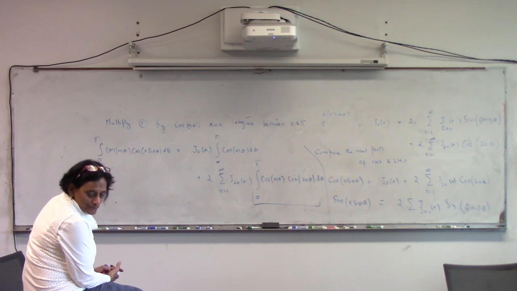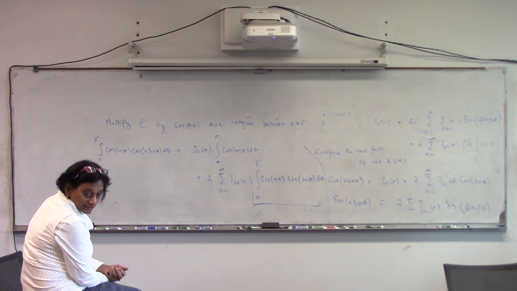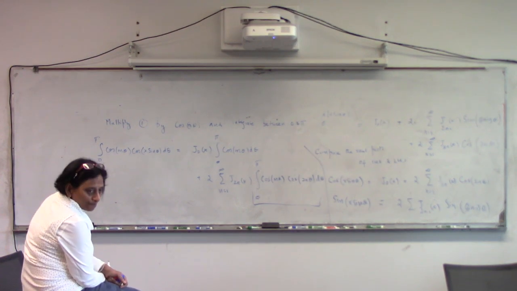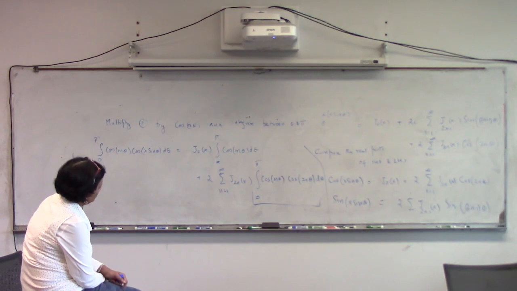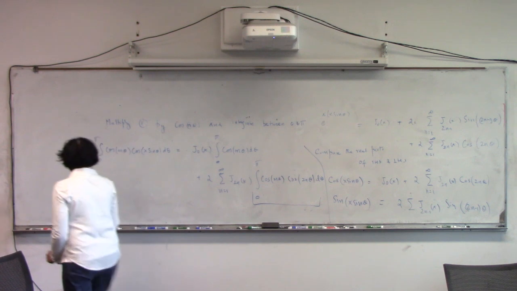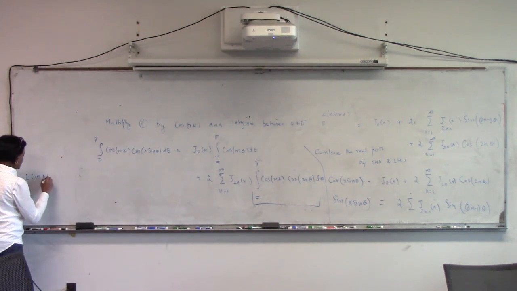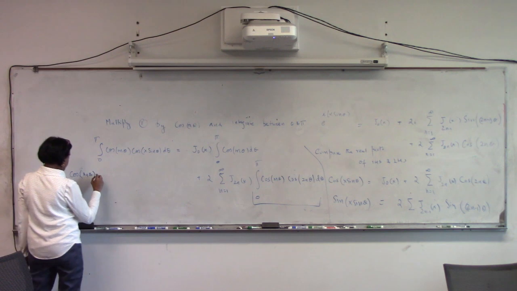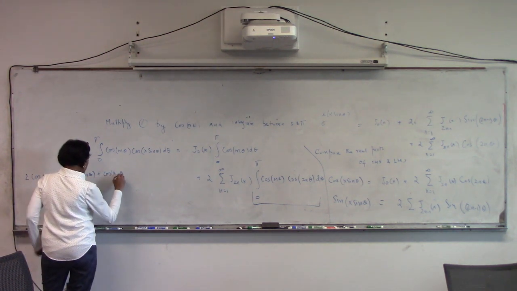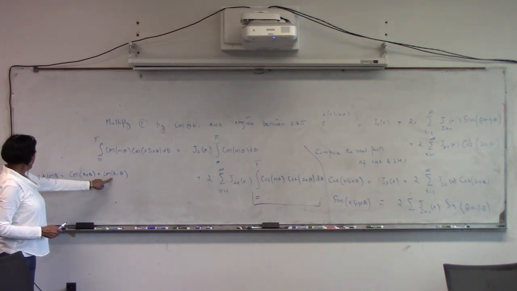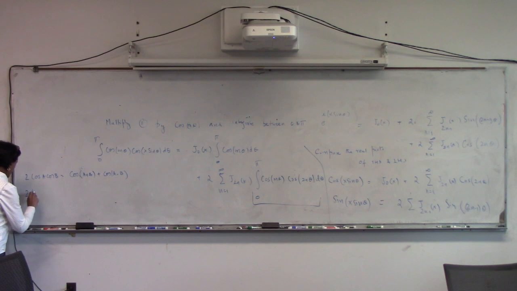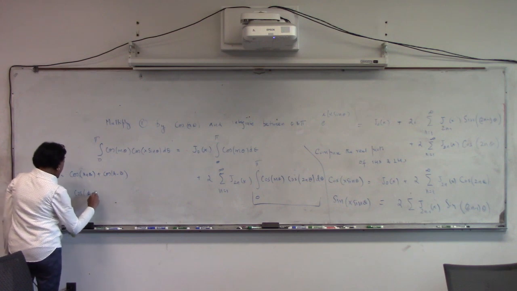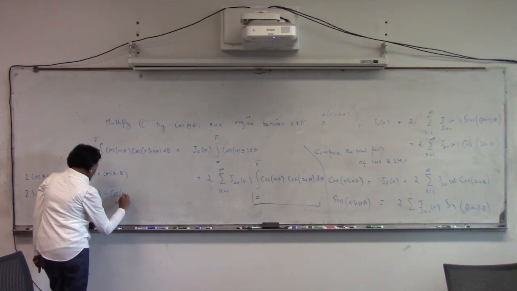It is cosine of A plus B plus cosine of A minus B. Let's keep all these things, okay?